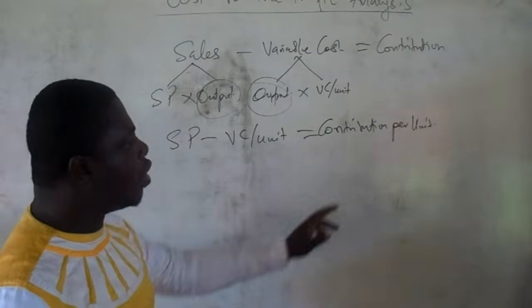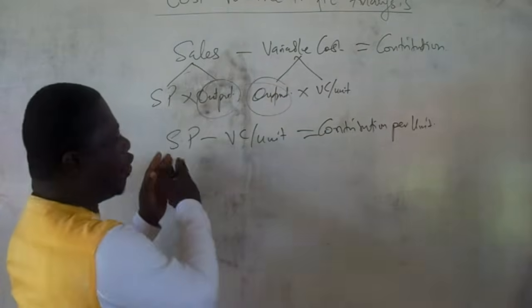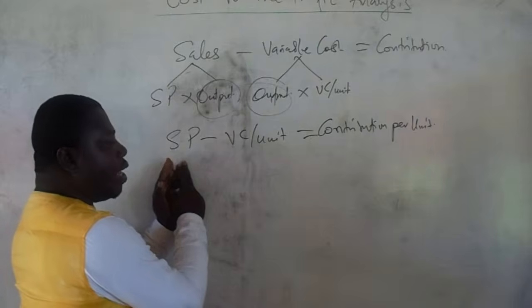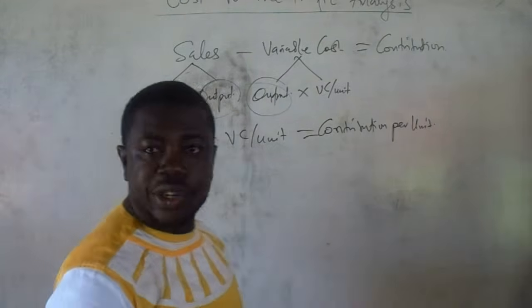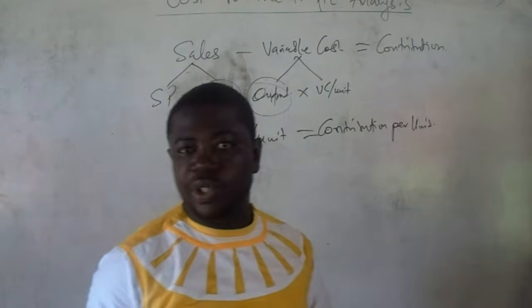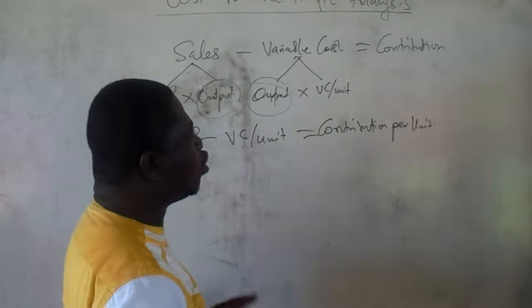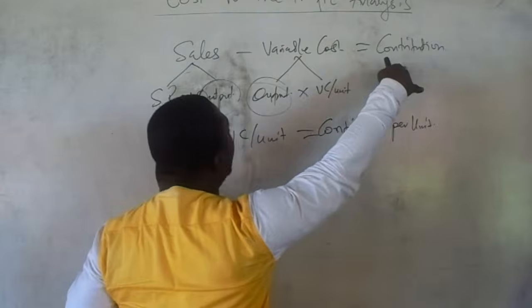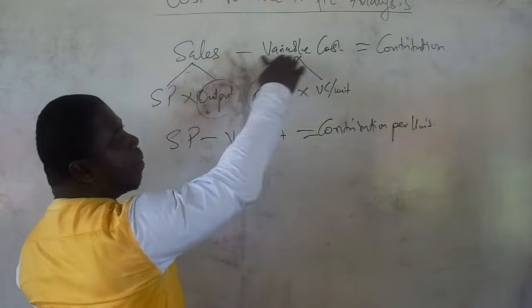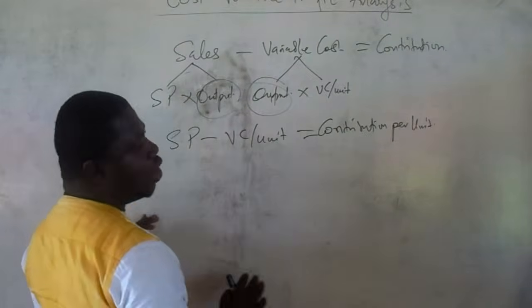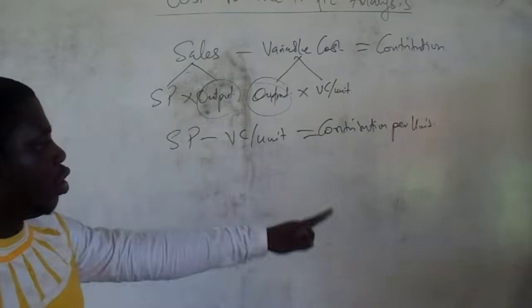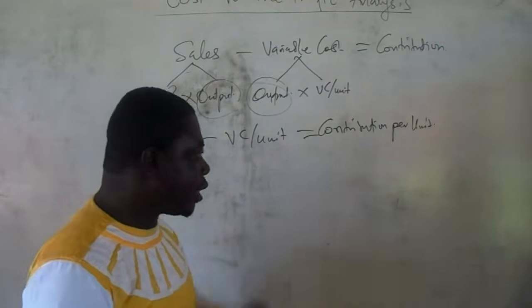But when you want contribution per unit, you look at your selling price minus the variable cost per unit, and that will give you the contribution per unit. And so whichever one you are going with, either you are going for the total contribution where you have total sales minus total variable cost, or you are going by the contribution per unit where you have selling price minus your variable cost per unit.